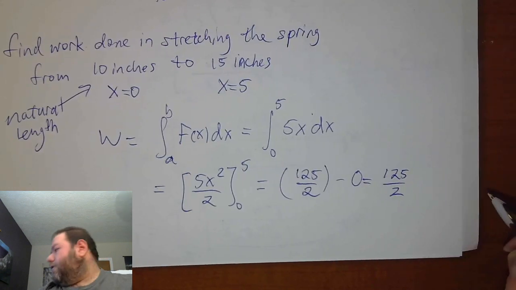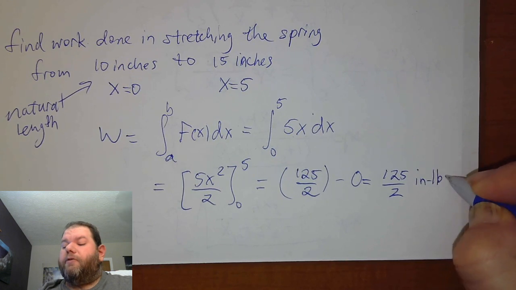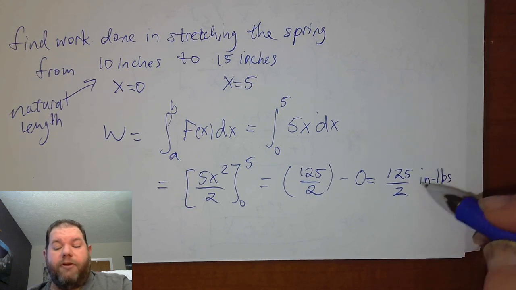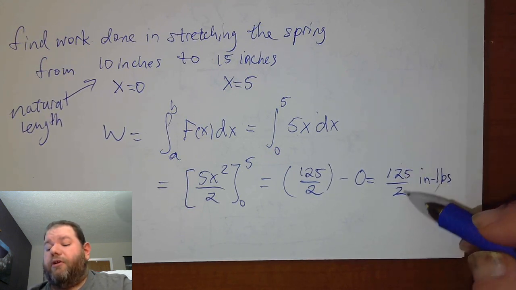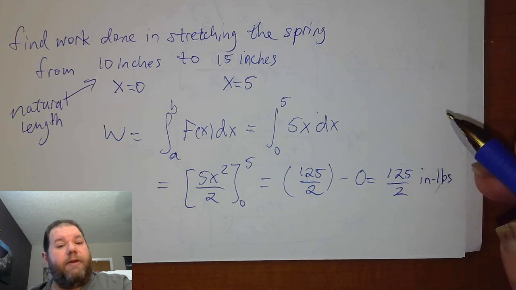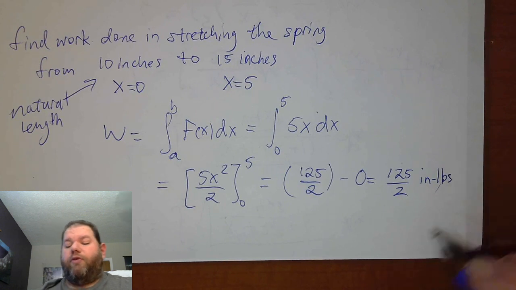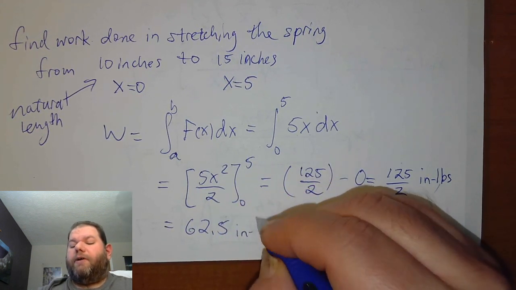And this is again in inch pounds. Now, since we're talking about an actual measurement of work in this case, instead of writing 125 over 2, it makes sense to express that as a decimal. So we'll go ahead and make that 62.5 inch pounds.